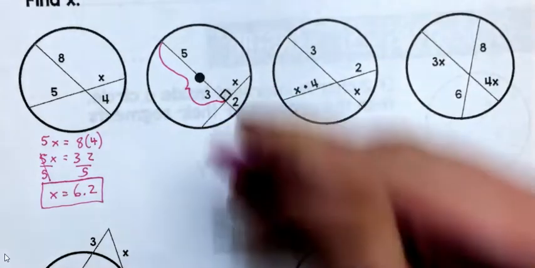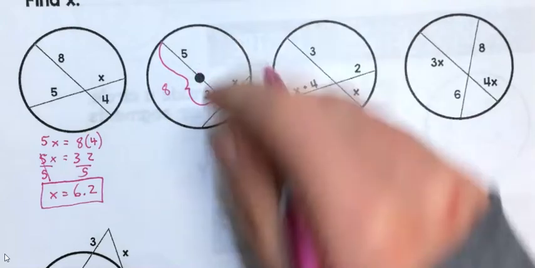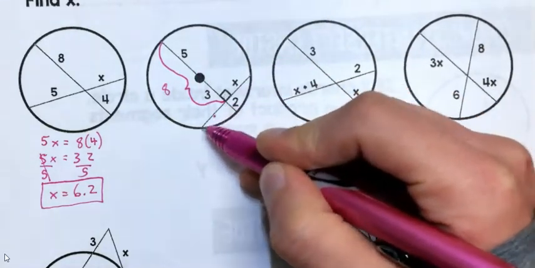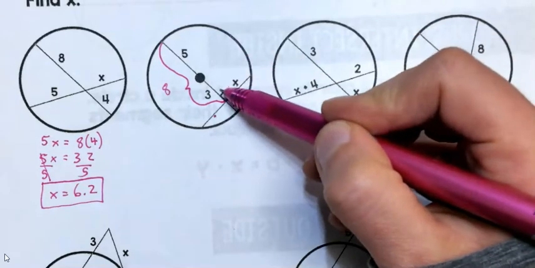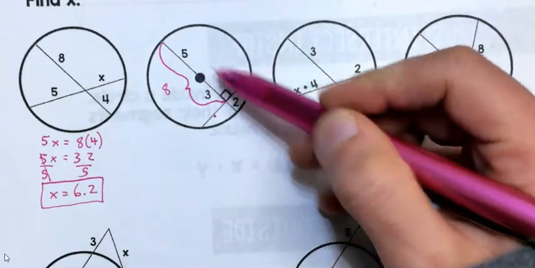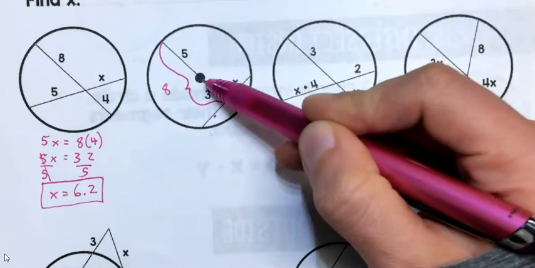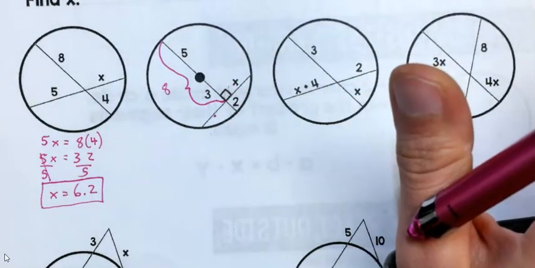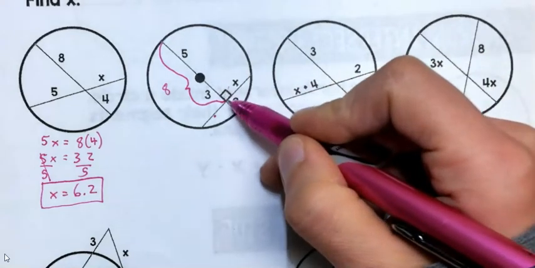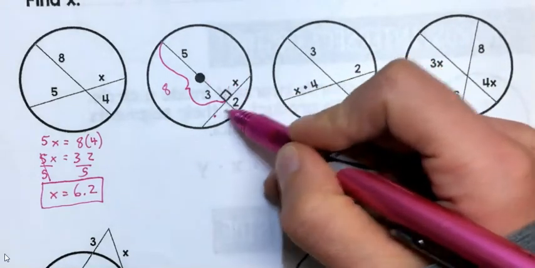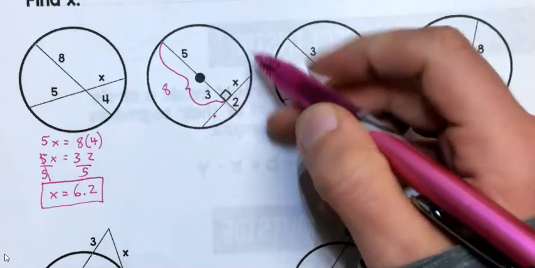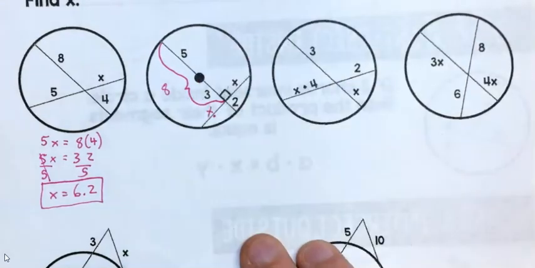So that section is 8. So 8 times 2 is equal to X times what's on the other side? This thing right here is being bisected by this over here. How do we know it's being bisected? Because there's a 90-degree angle. So this is an X as well.